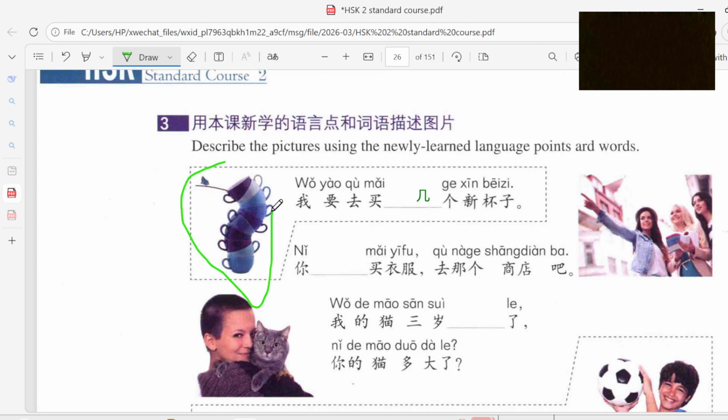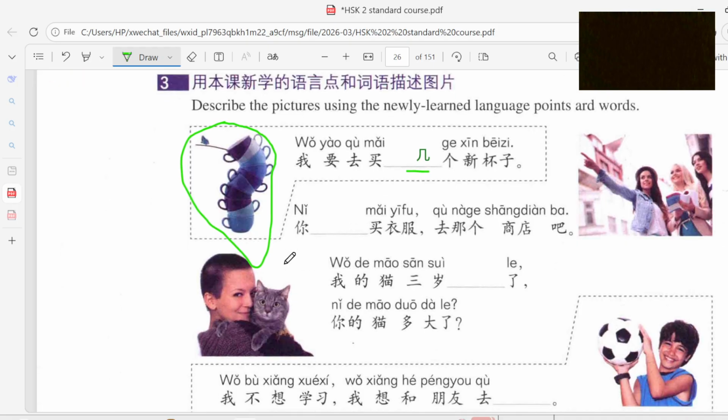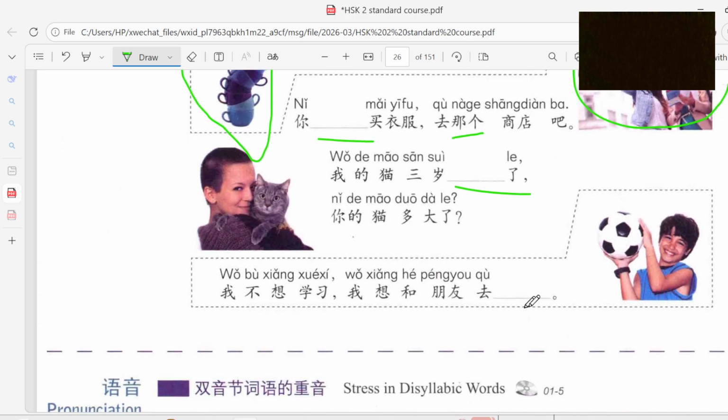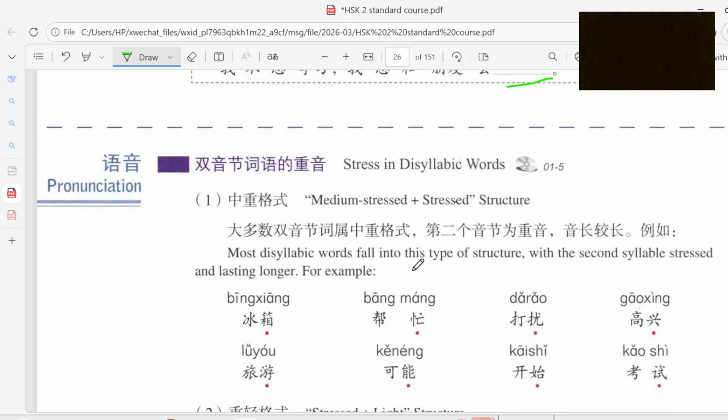These are new cups, right? 我要去买几个。You see, look at them. 你买衣服去哪个商店吧？去那个商店吧。Which word do we use here? Okay, I leave this one for you. You do it on this one, 3 of them.